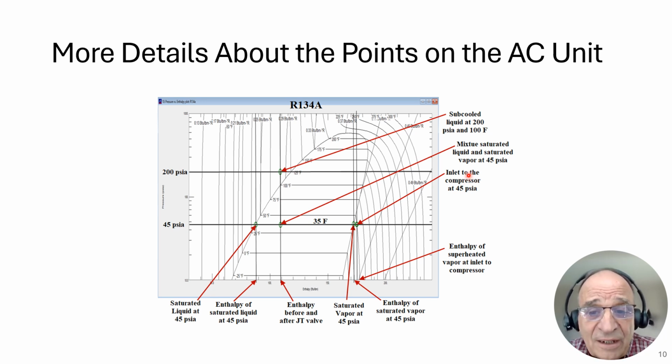Well, I did in the other drawing talk about the inlet to the JT valve. And here it is. It's subcooled LNG at 200 psi absolute and 100 degrees Fahrenheit. Again, two intensive properties. And so this could be another point where you could have started the analysis, but we had chosen to start it here.